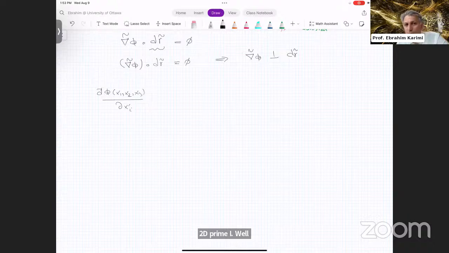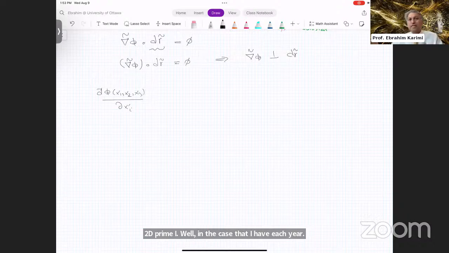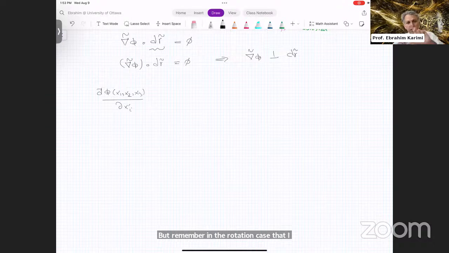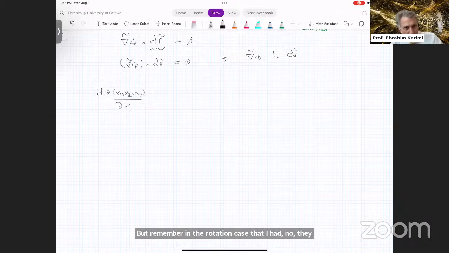Well, in the case that I have here, which was the coordinate, in general all of them are linked to each other. So x1 is a function of x prime 1, x prime 2, and x prime 3, etc. That's the reason that I expanded. But in general, yes, it can be only one of them as a function. But remember, in the rotation case that I had, depending on the kind of rotation that you apply, in general, no, they are all depending on each other.